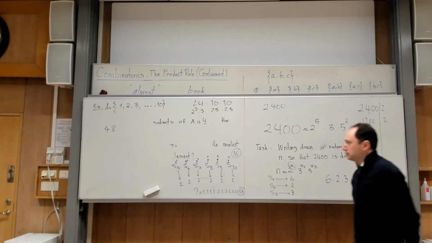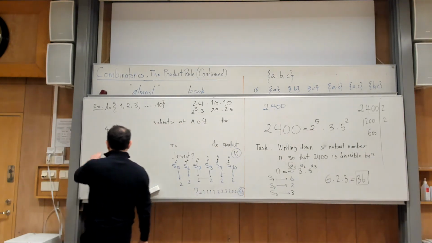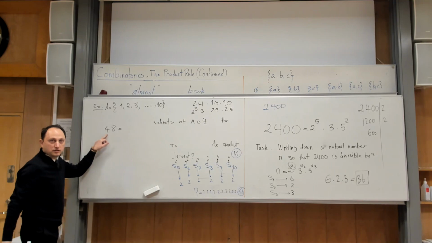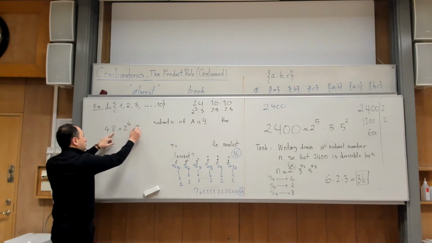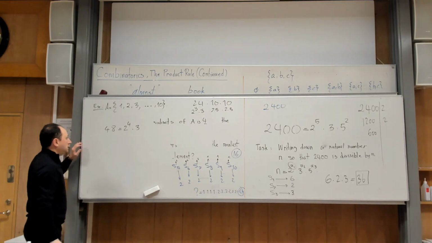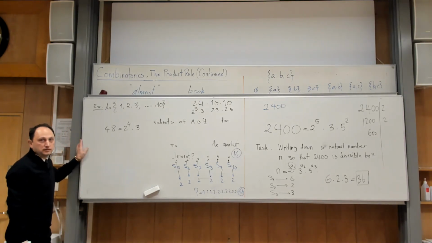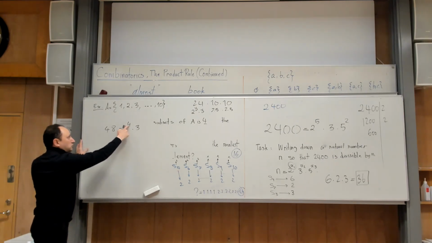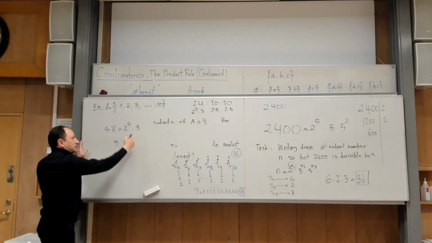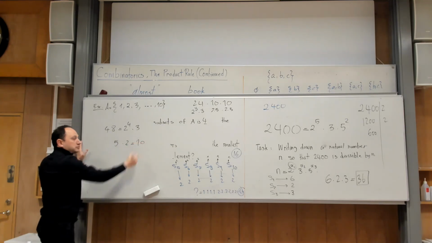So now I think you know the strategy. What is the first thing to do? It is to factorize this. This is 16 times 3, and 16 is 2 to the power of 4, times 3. So how many of them are there? 5. One more than that, multiplied by 2. So there are 10 of them.